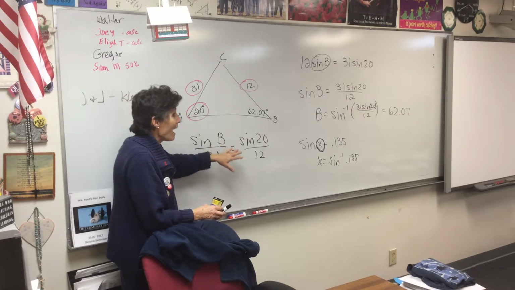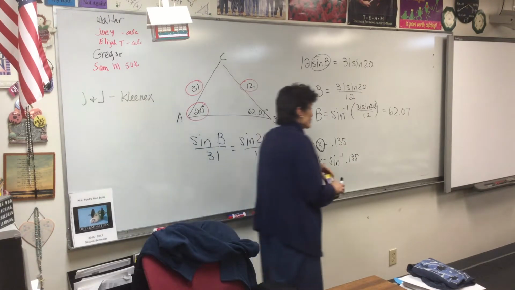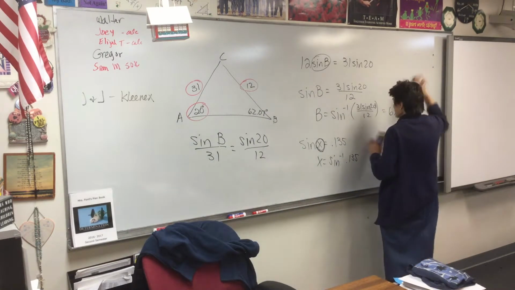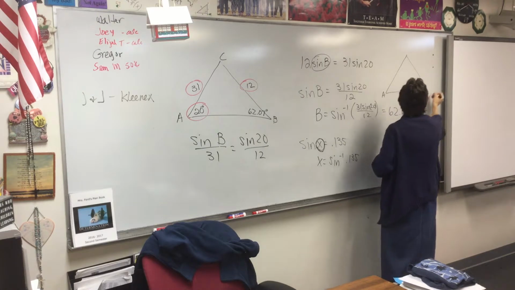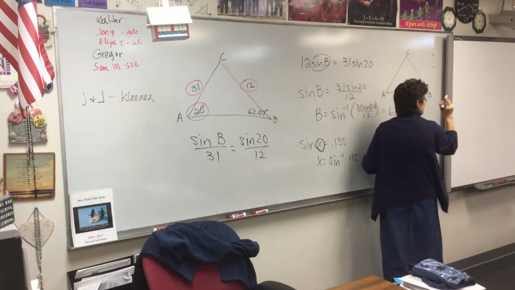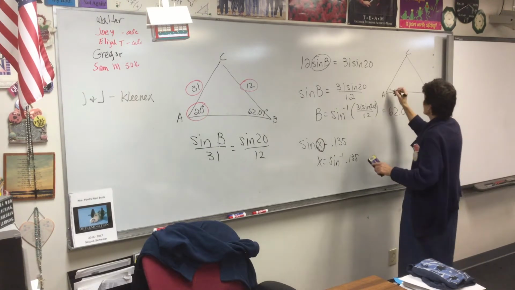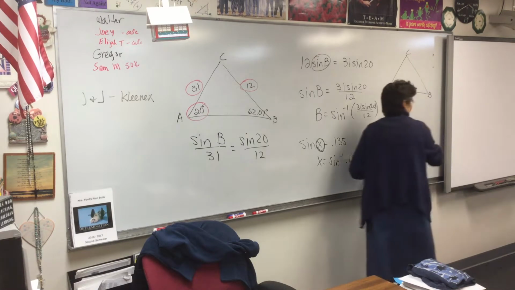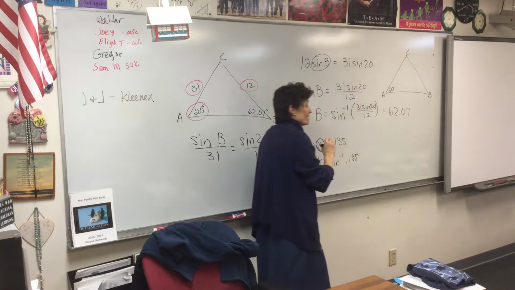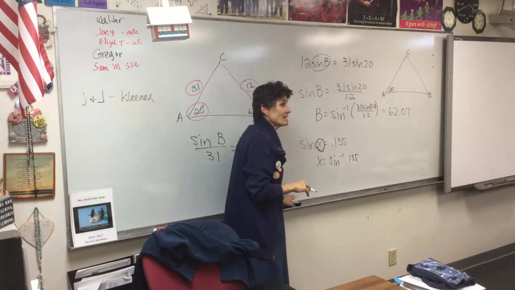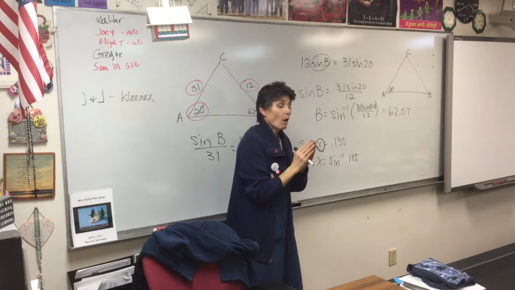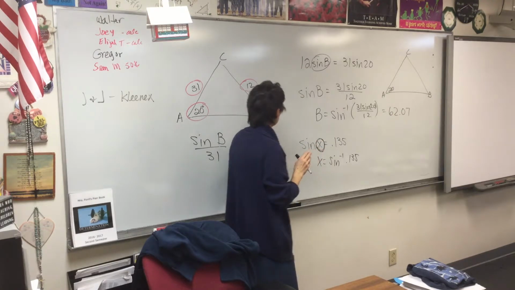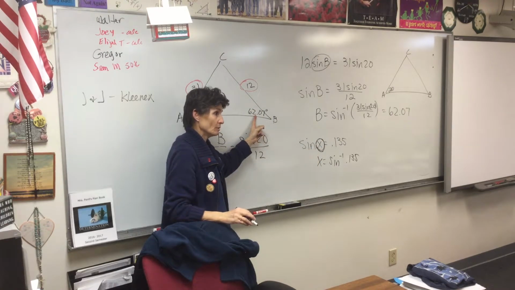When that happens, you go ahead and do it like we did. But then you have to immediately say, there might be another answer. And the other answer, if it exists, will always be the supplement of the original.